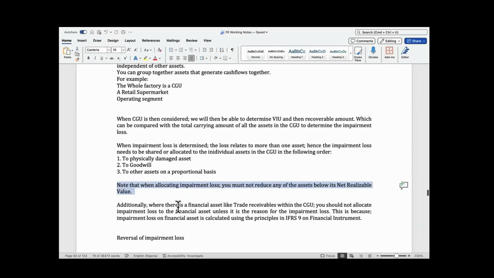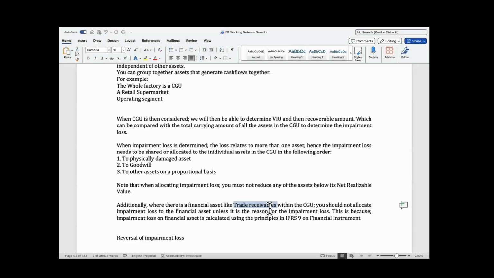Additionally, I said where financial assets like receivables are within the CGU, you should not allocate impairment loss to them unless that asset is the specific reason for the impairment loss, is the cause of the impairment loss.